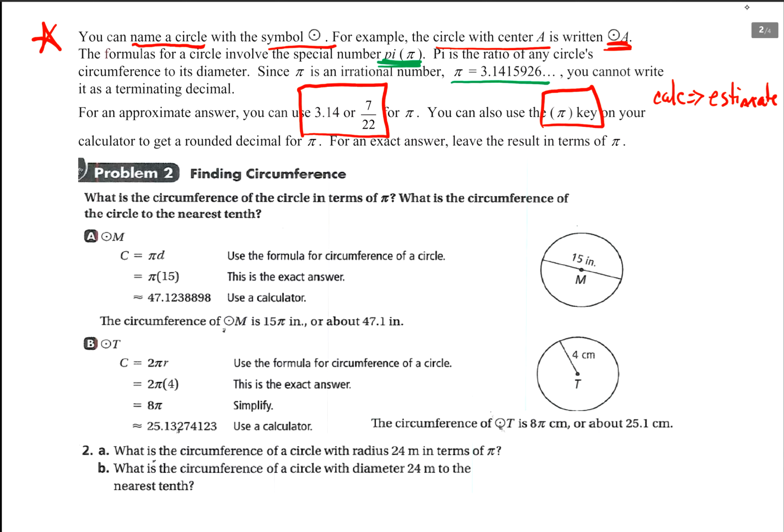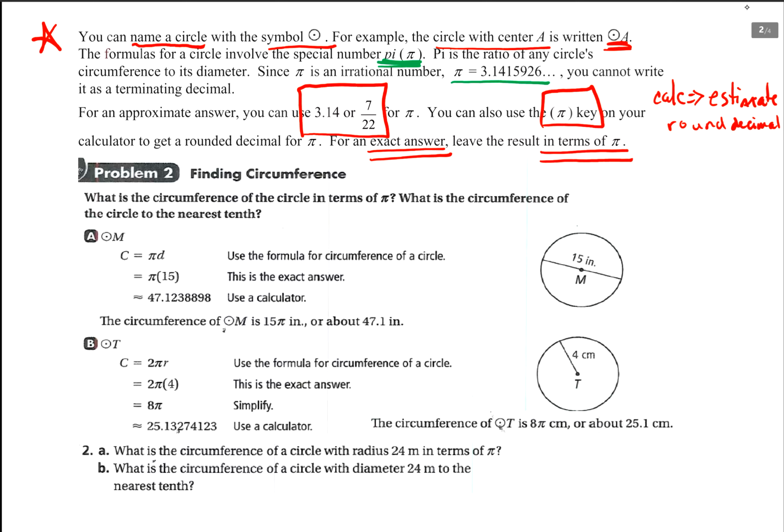Because we are rounding our decimal. If we want an exact answer, we leave the result in terms of pi.